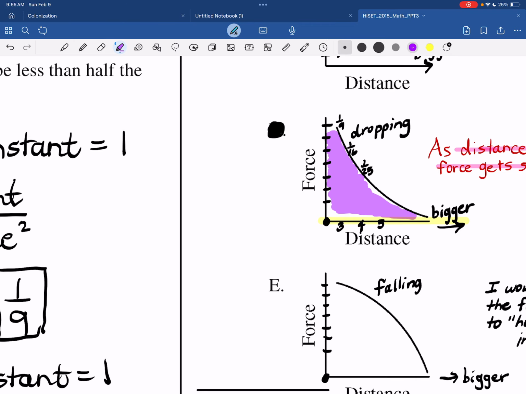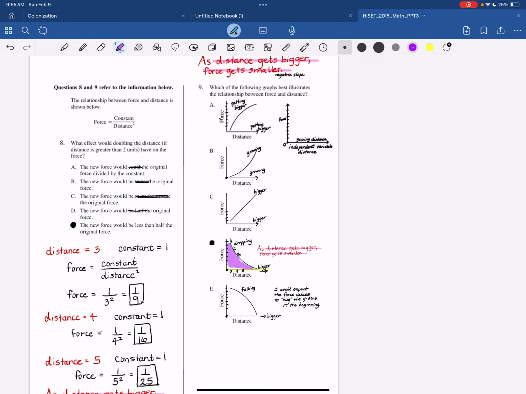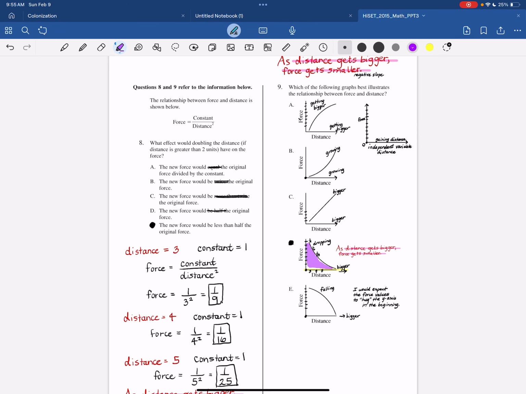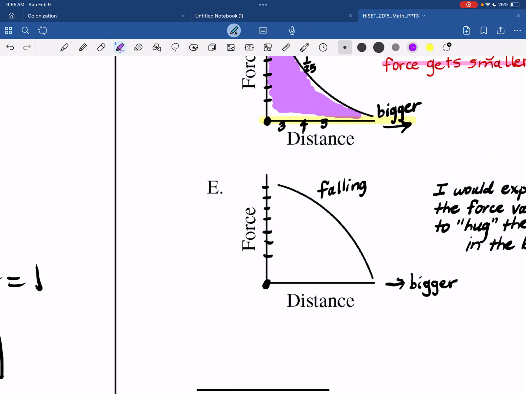And again, I'm not going to go any further than that because I don't want to confuse this situation. This is a tough problem, in my opinion. Let me show you the colored version here. You see that it's not hugging the y-axis at all. It's way over here. It's falling at a much faster rate than I would expect.